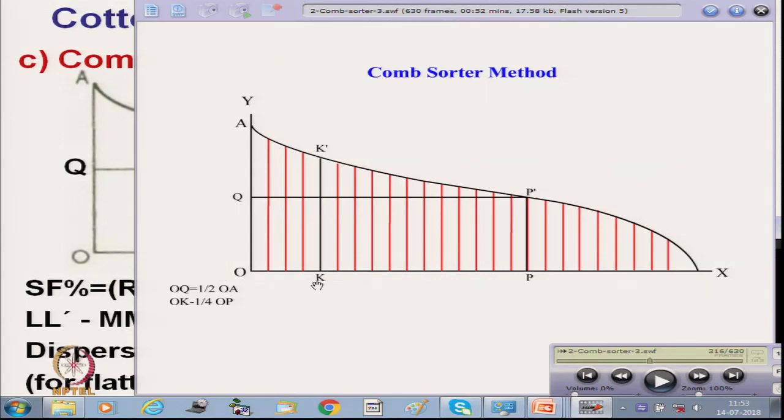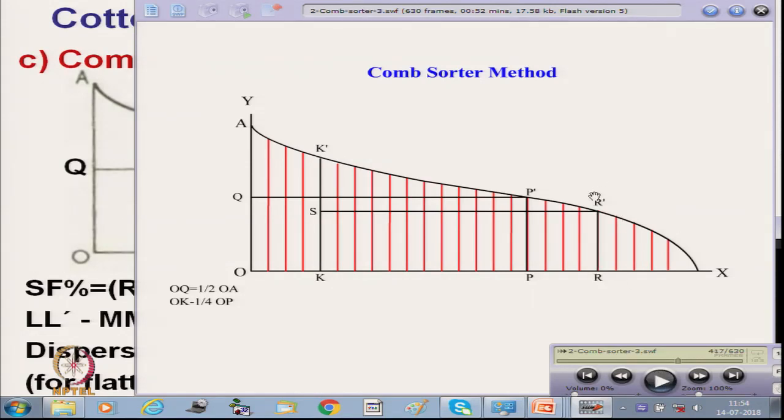From K we draw a vertical line K K dash, and we take half of OK, which is point S. From S we draw another horizontal line which intersects the curve at point R dash.